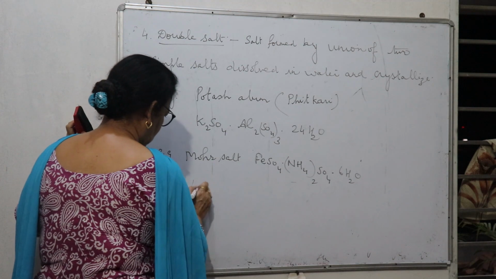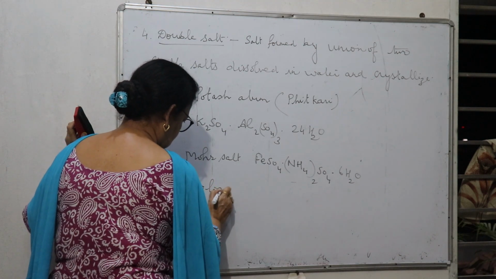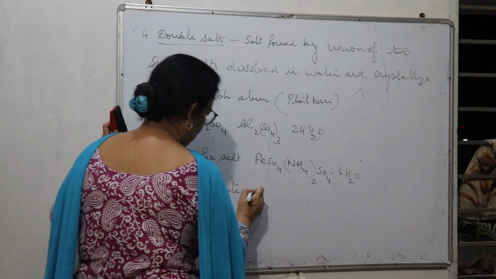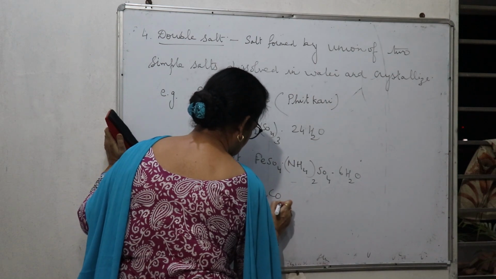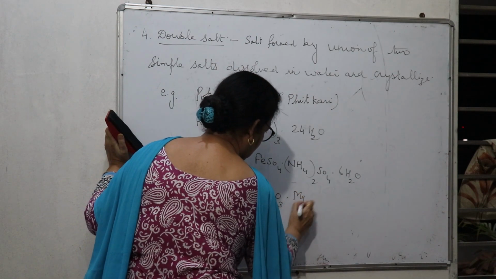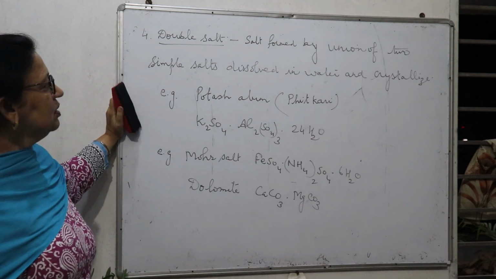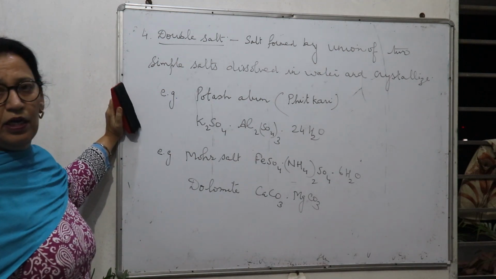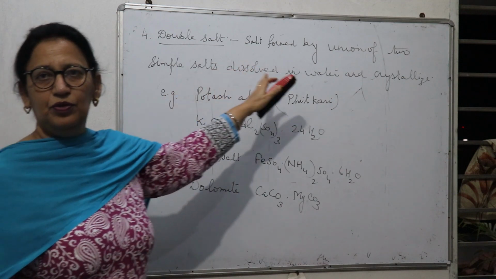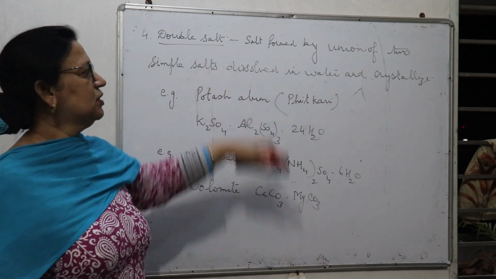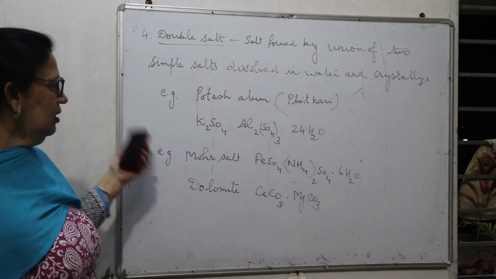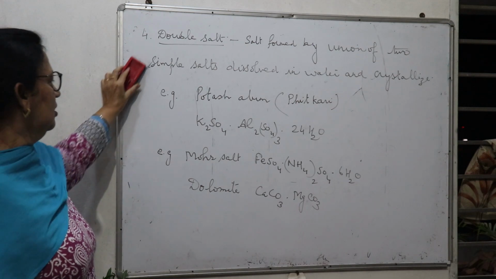The third can be dolomite. Dolomite is calcium carbonate dot magnesium carbonate. These three are examples of double salt. A double salt is formed by the union of two simple salts dissolved in water and then crystallized.